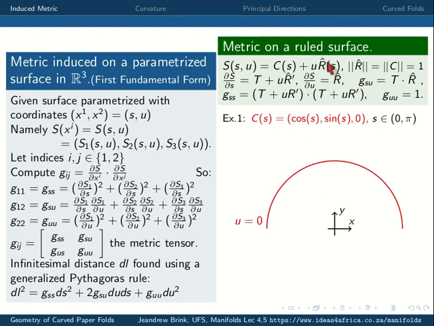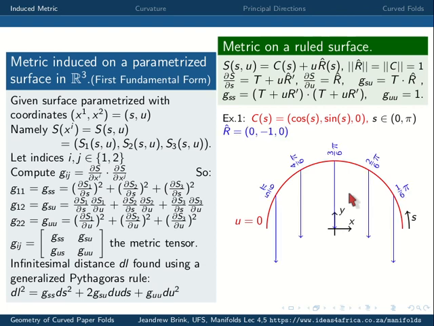You need a unit vector in addition, and s basically increases here. So let us suppose our unit vector is r hat equals (0, -1, 0). So it's going to point in the negative y direction.